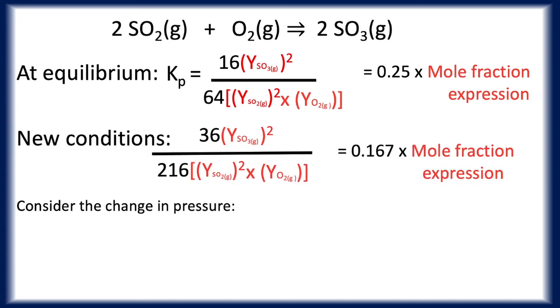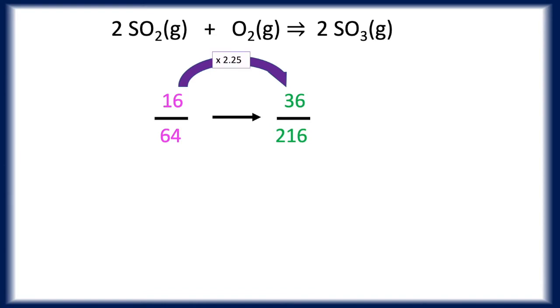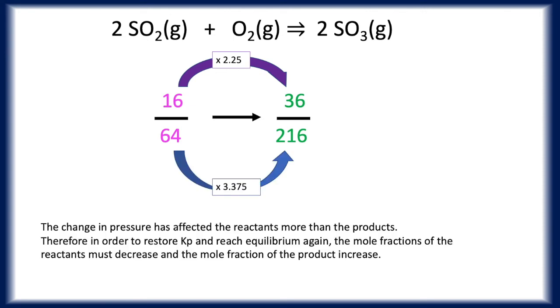So, at equilibrium we had it to be 0.25, and our new conditions were 0.167. So we went from 16 over 64 to 36 over 216, which was an increase of 2.25 in the numerator, and in the denominator it was an increase of 3.375.